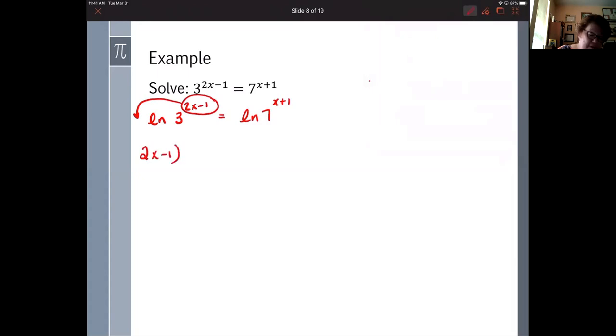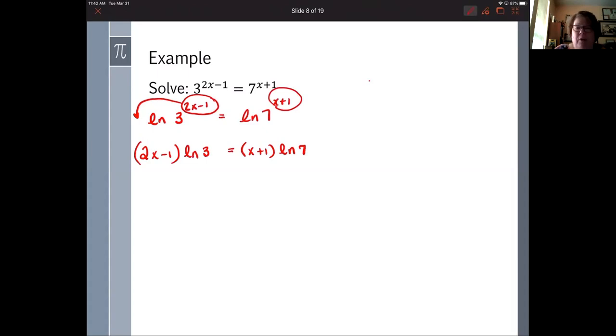So natural log of 3 to the 2x minus 1 is equivalent to 2x minus 1 in parentheses times the natural log of 3. And again, the natural log of 3 is just a number. On the right-hand side, I'm going to take that x plus 1 out, again with parentheses around it, times the natural log of 7.